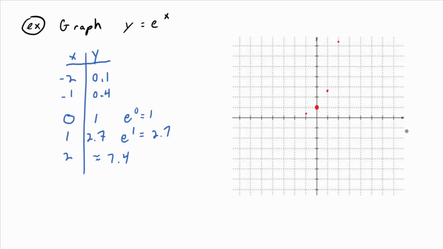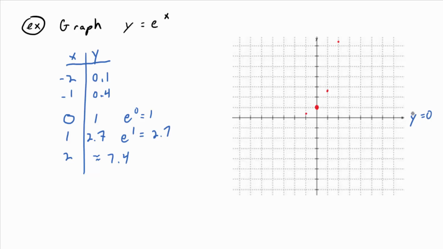And then do you remember what the asymptote is? It's the x-axis, just like for y equals 2 to the x. It's the same for every exponential function unless you add or subtract something to the exponential function. So what's the equation of the x-axis? What's the height of the x-axis? 0.